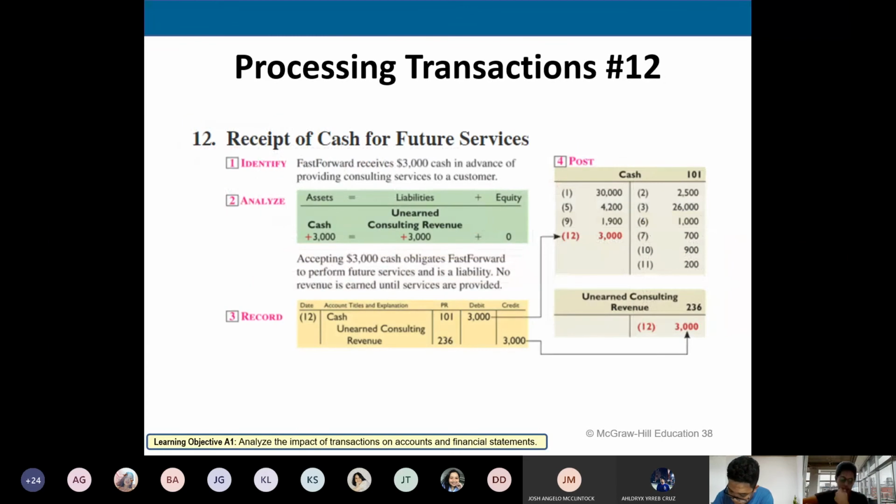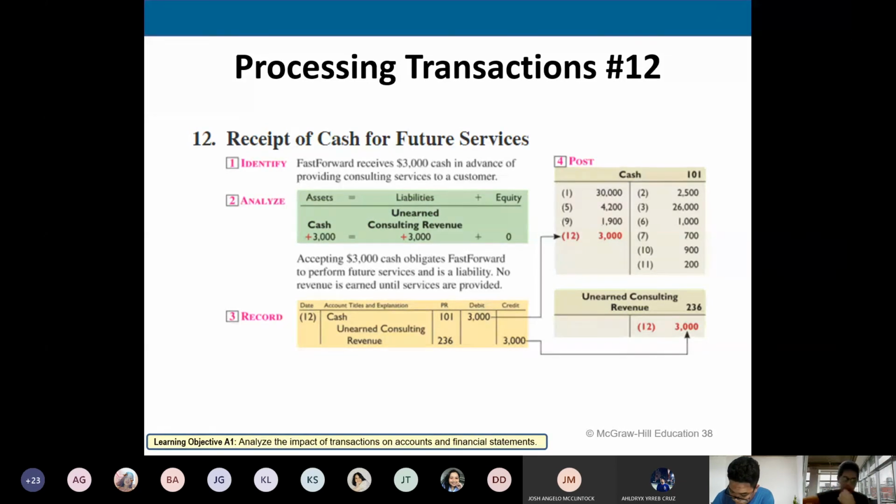Receipt of cash for future services. What does this mean? Naka-receive ka ng cash in advance pero wala ka pang nare-render na service. Did I actually discuss this previously? Unearned revenue, tama? Na-discuss ko na to, no? This is a liability account.